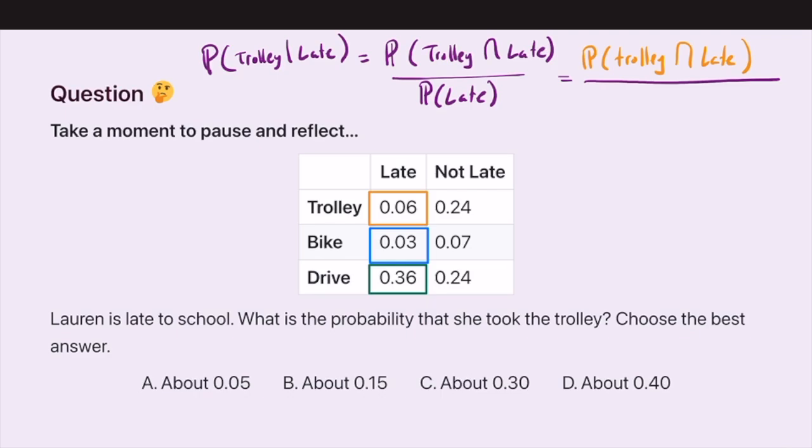Now we're going to do the same one as before. The probability of being late incorporates all of the trolley, bike, and drive. So we'll just take this one at a time.